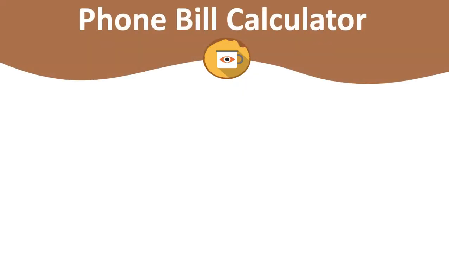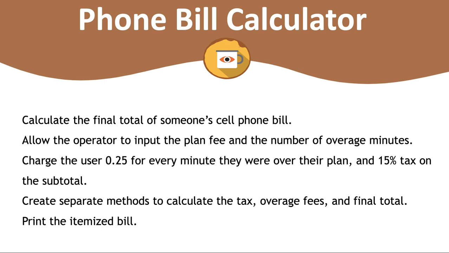I have an individual exercise for you. You're going to calculate a cell phone bill. So what you're going to do is allow the user to input the plan fee and the number of overage minutes. And then you're going to charge 25 cents for every minute that they've gone over, and then a 15% tax on the subtotal.